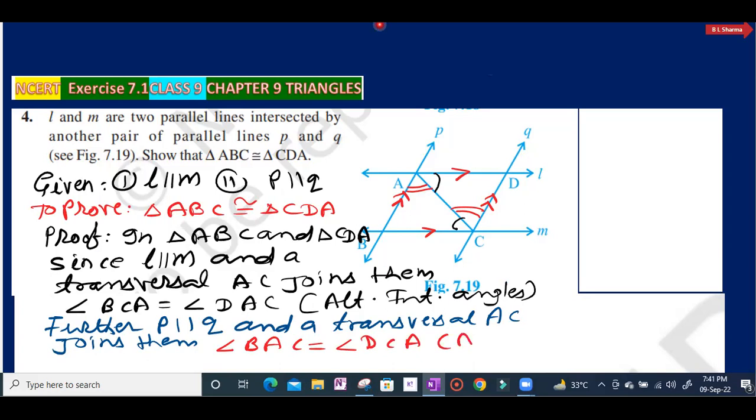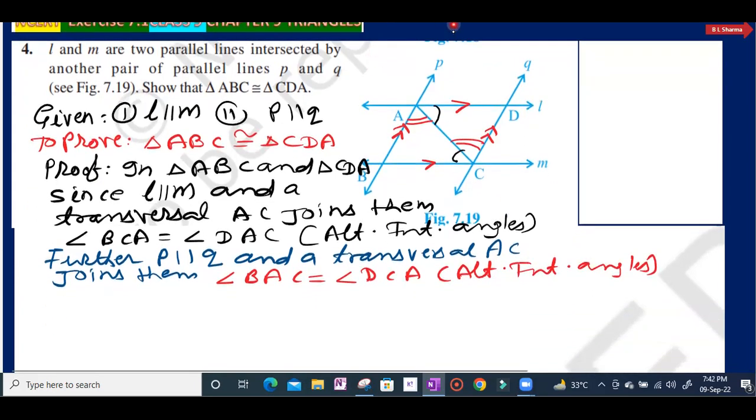These are also alternate interior angles. And you see here, AC is equal to AC, this side is common. This side of yours is common in both.